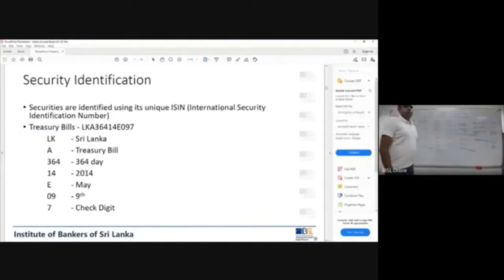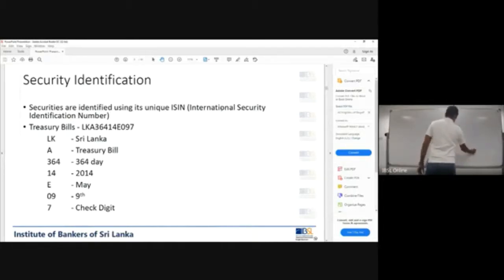Then security identification. How do you identify securities?